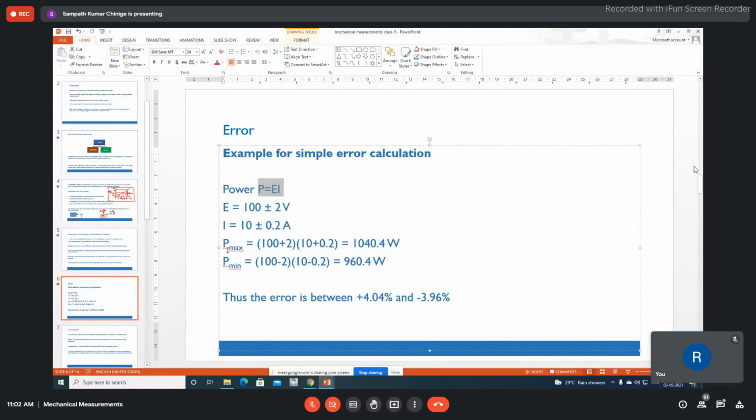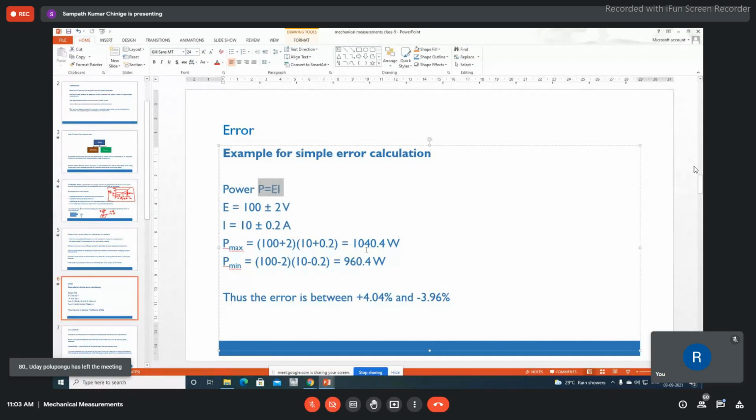And then how do you estimate the final output for the power? For the power, how much deviation will you have? In general, you will take the maximum and the minimum power values, and from that deviation, you will say that this may be the error. So now you calculate P max with (100 plus 2) into (10 plus 0.2). In one direction, if the errors are above, the maximum is 1040.4.